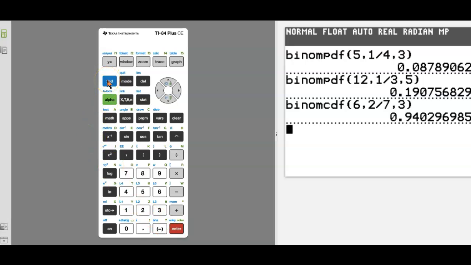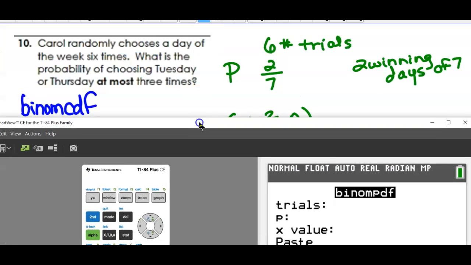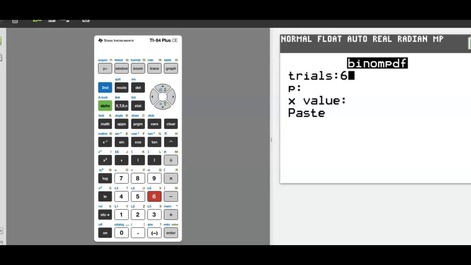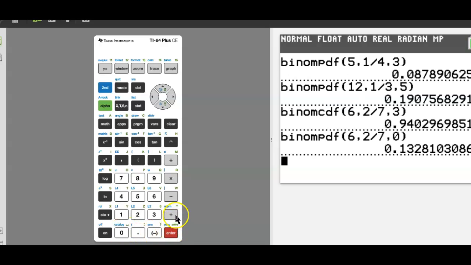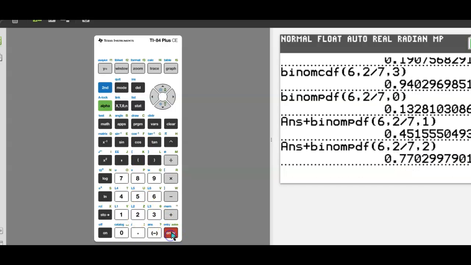Okay, it's 94. Let me show you real quick. If I were to do this as a PDF and put in 6, 2/7, 0 is a winner, plus, okay, and then I were to go back up here and say I also want to add the probability that 1, once we win, plus, go back up here and add the probability that we win twice, plus, go back up here to this one and add the probability that we win 3 times.